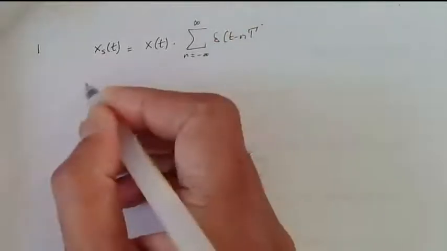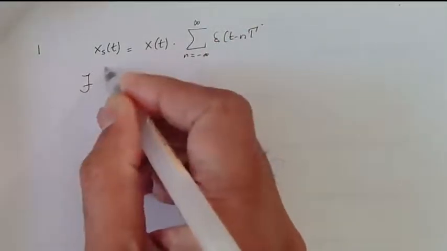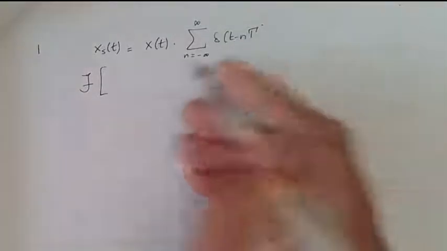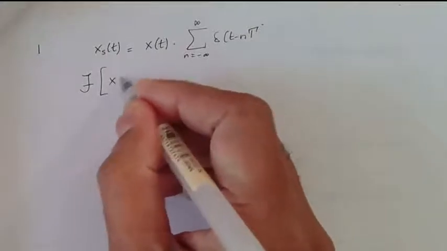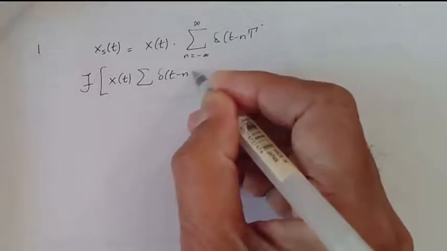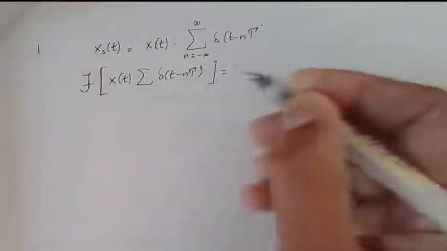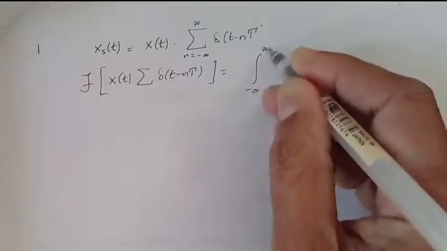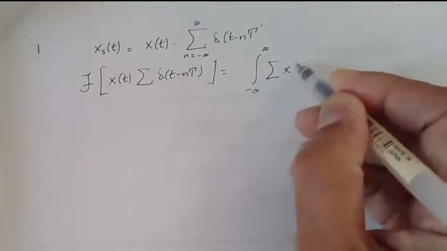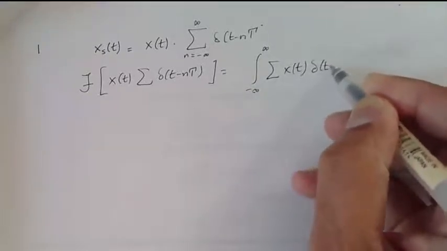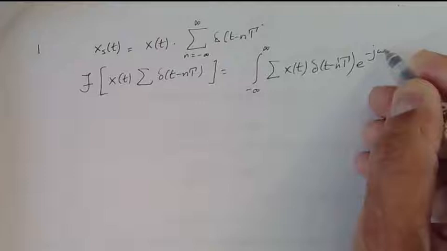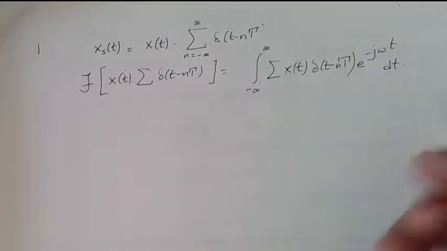And when we took the Fourier transform of this, we could put x of t in here and write this as x of t times the summation of delta of t minus n cap T, and that's equal to the integral from minus infinity to infinity of this whole thing, the summation of x of t delta of t minus n cap T, multiplied by e to the minus j omega t, with the integral taken with respect to t.